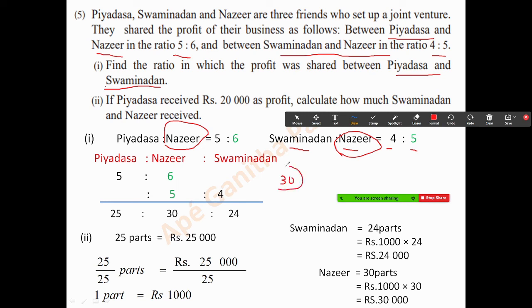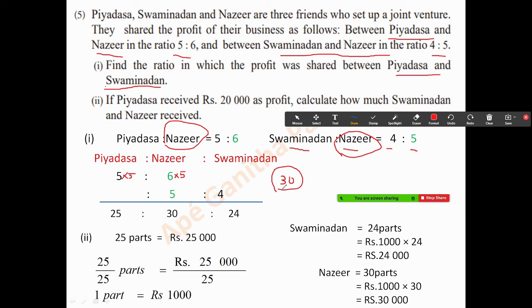That is 30. So how to convert these numbers into 30? 6 into 5 is 30. So multiply this by 5. If you multiply this side by 5, then you have to multiply this part also by 5. So I will write multiplication by 5 here also.